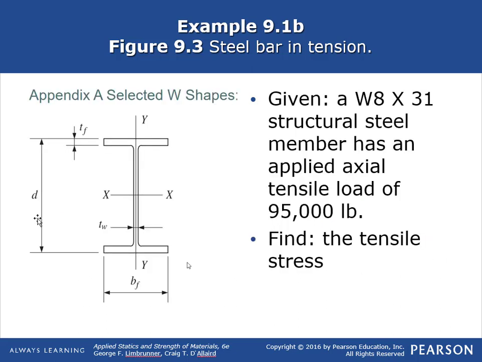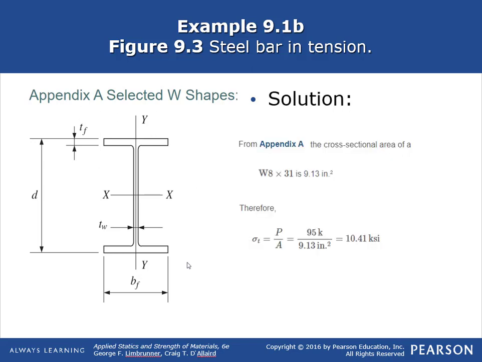Now, 9.1b is similar, except that it isn't a square bar anymore. It's a W8 by 31 structural steel member, and it has the same load of 95,000 pounds. Find the tensile stress. Okay, so Appendix A of your textbook has a lot of the properties of these I-beam sections.